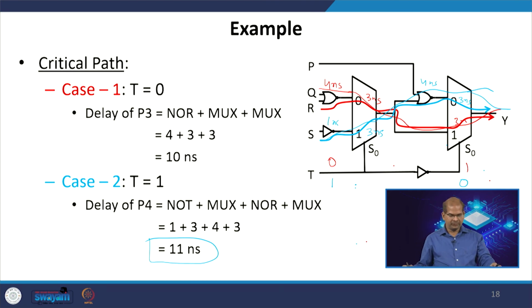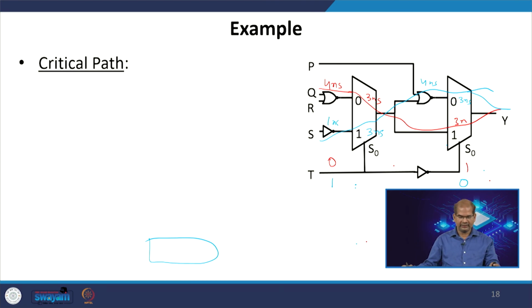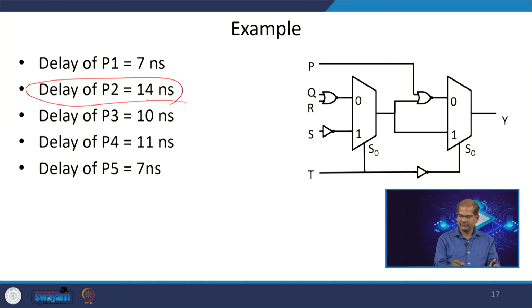But in the previous case, the 14, which is basically selecting both 0, this path I will mark in a different color. This path is a false path. Why is this a false path?